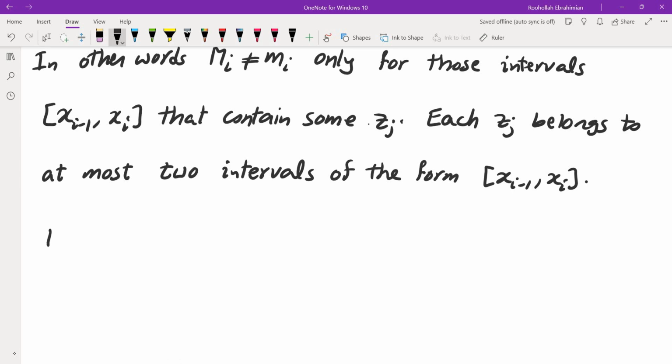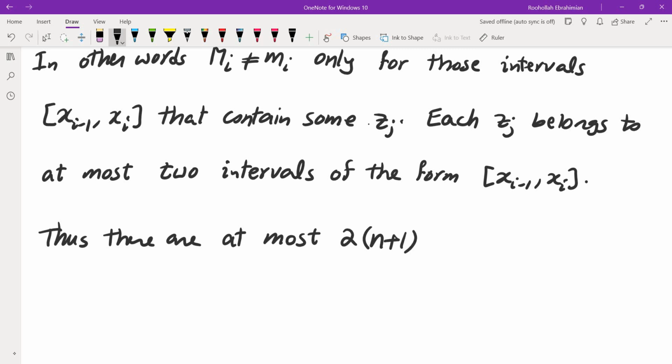So there are at most two times, how many of these z_j's do we have? We have z0 all the way to zn, so n plus 1. So there are at most 2 times (n plus 1) terms M_i minus m_i that may not be 0.